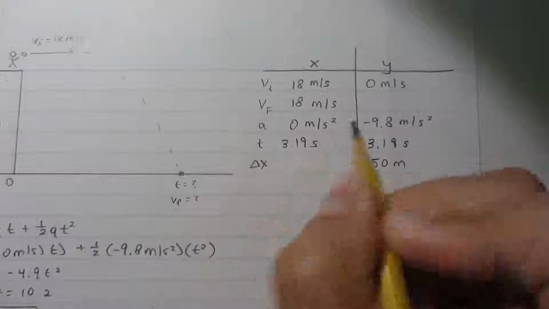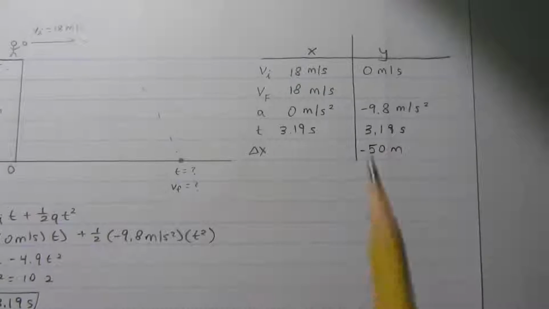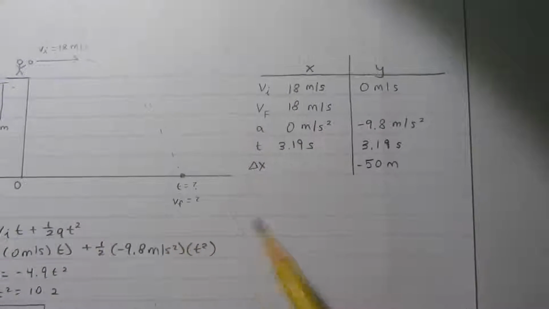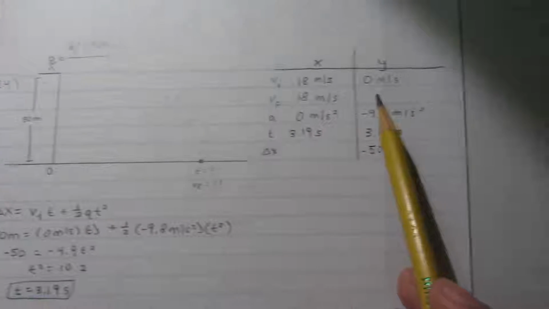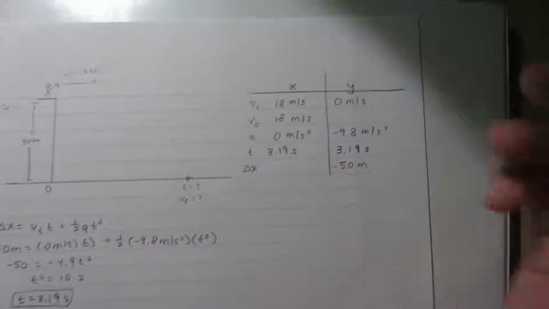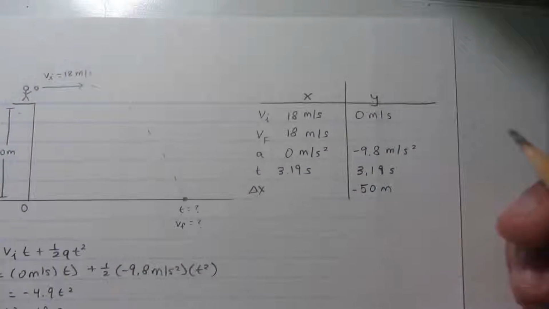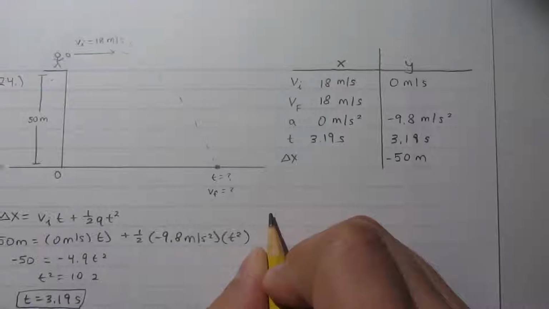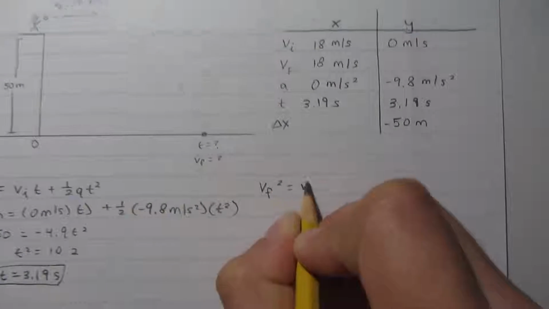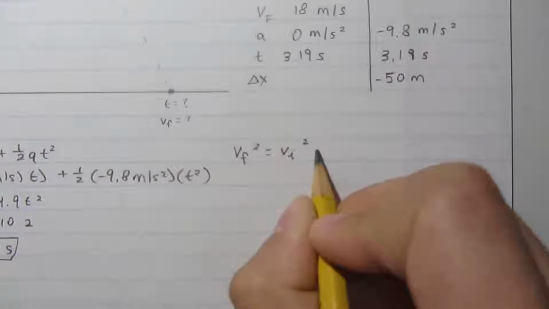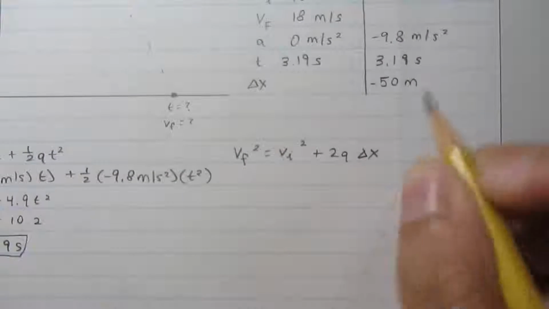Now I want to find my final velocity. I want to find my final net velocity, but to do that first I have to find my final velocity in the y direction. So I will use this equation because I don't want to use time because we just solved for that, 2a delta x.